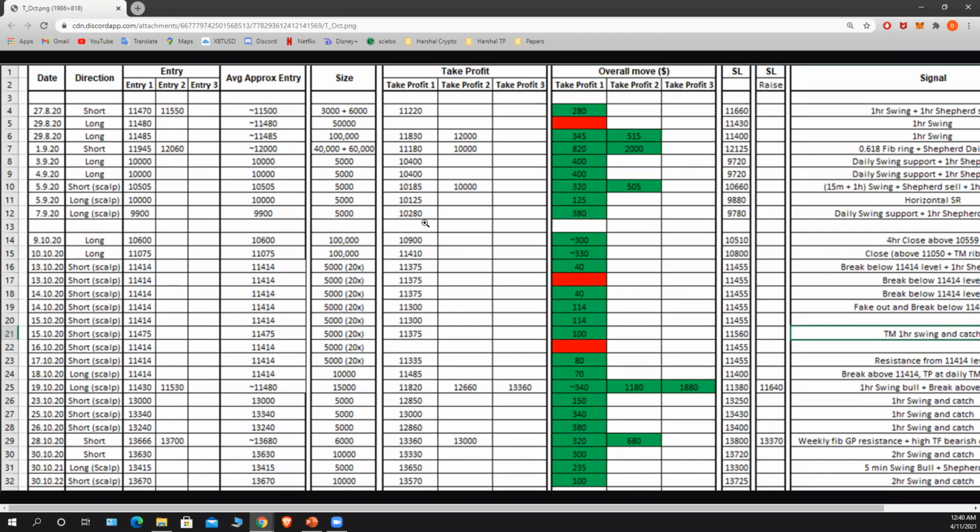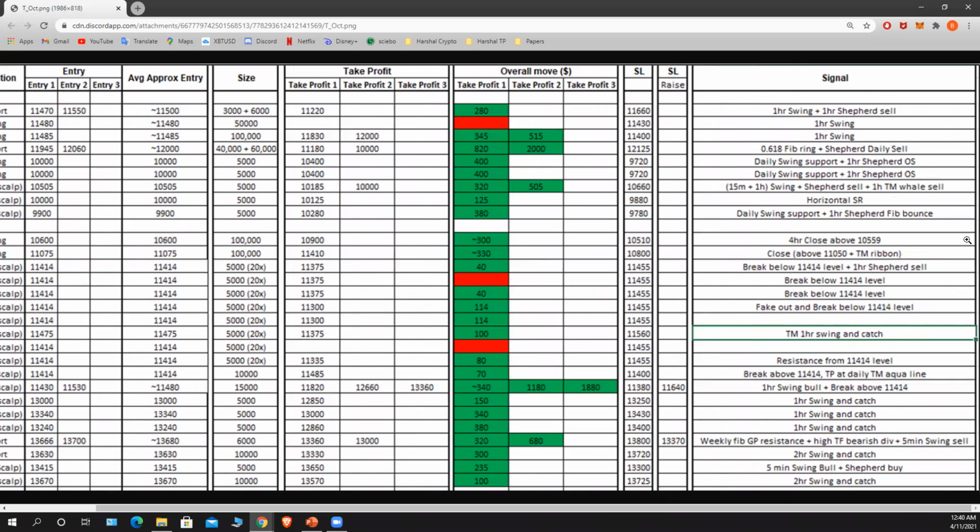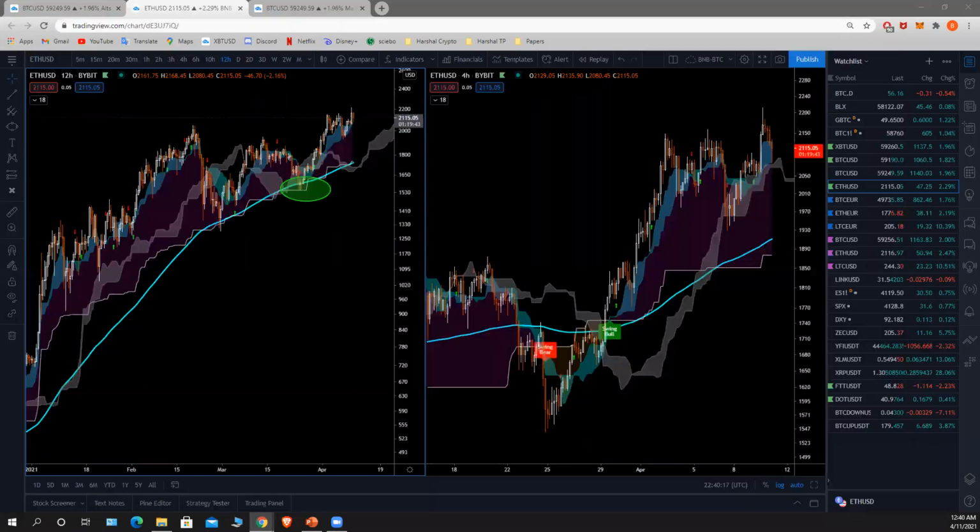This was my October trade sheet, and you can see in the whole month I had just 3 negative trades, and I kept all records of which signal I'm taking, and it was all recorded properly. So if you use this, this indicator will work for you for sure.